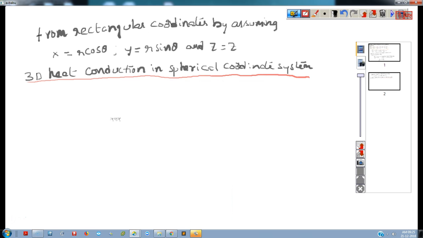So first I will try to draw the x and y Cartesian coordinates, how they are located.